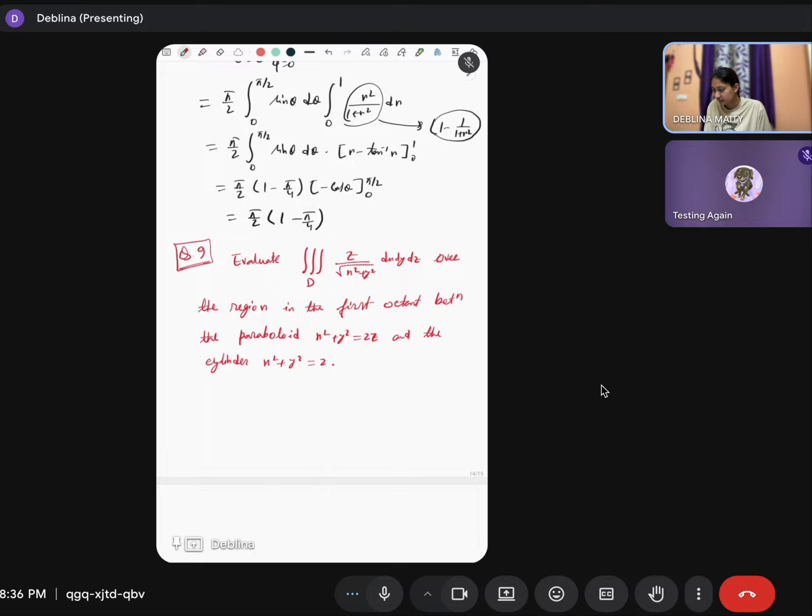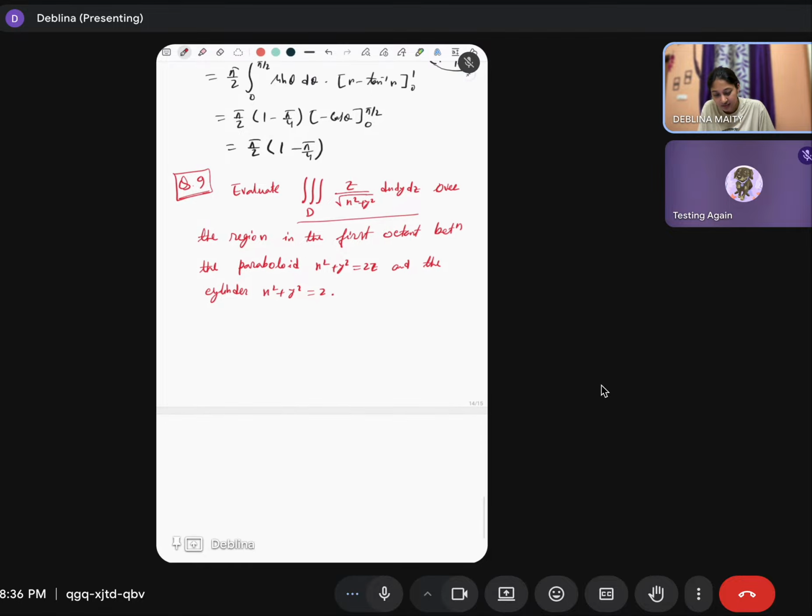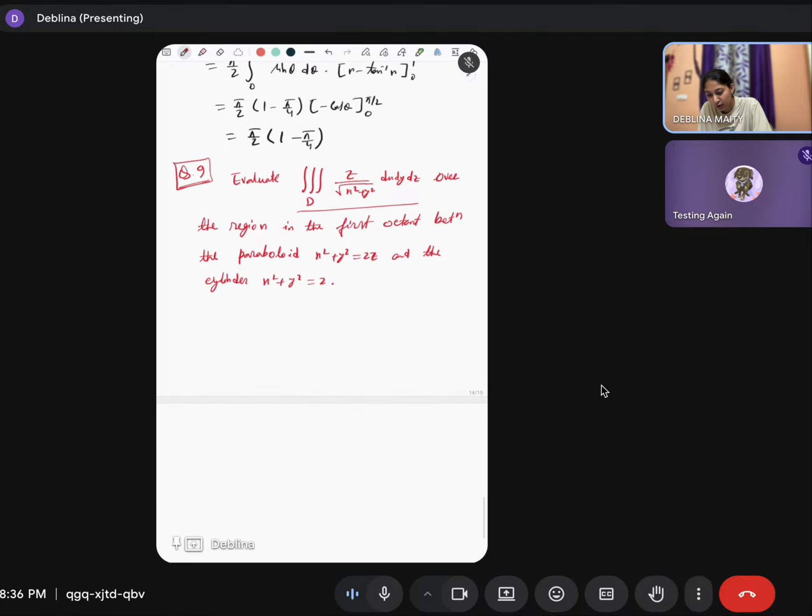Okay. So D is this region, right? So over D we have to find this integral, right? So it is in the first octant and it is between the paraboloid and the cylinder, right?